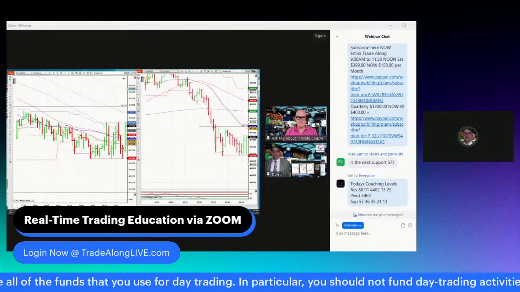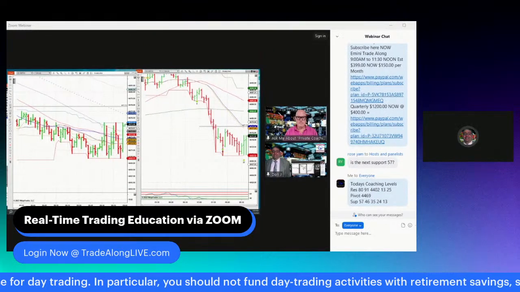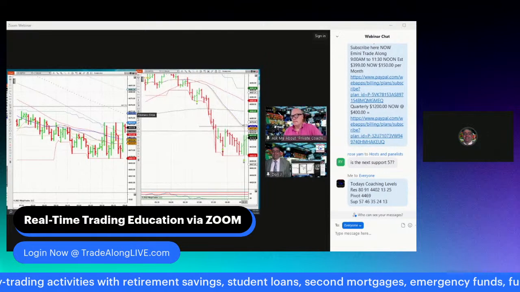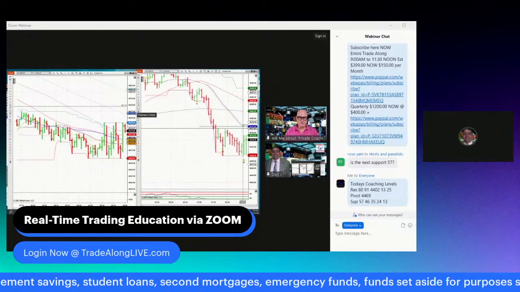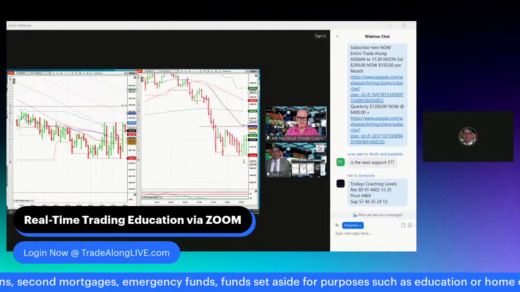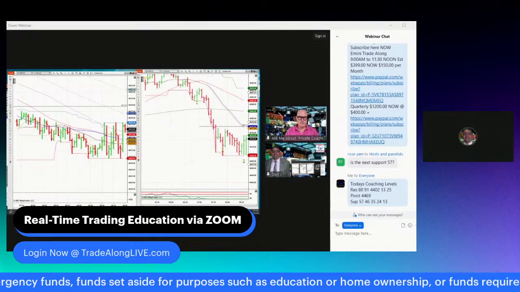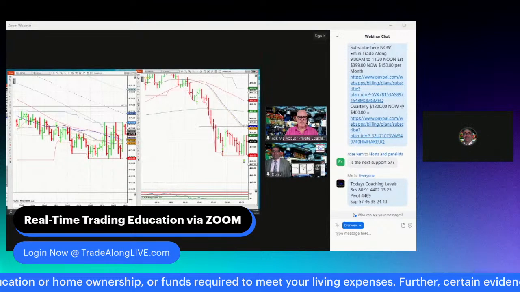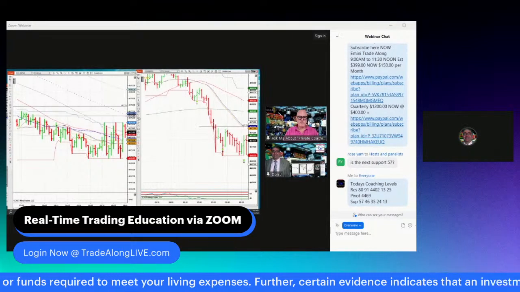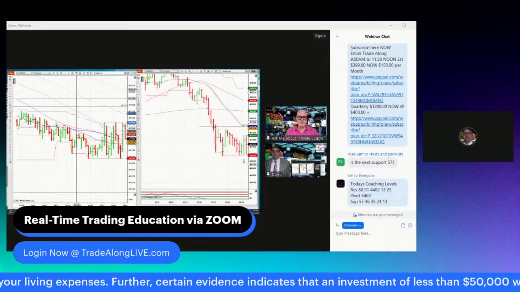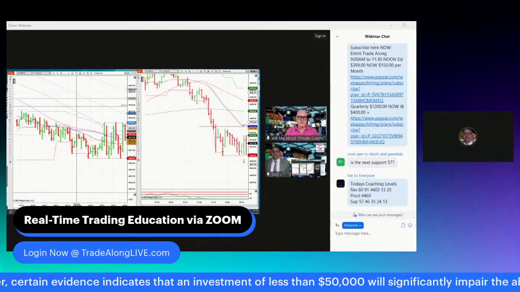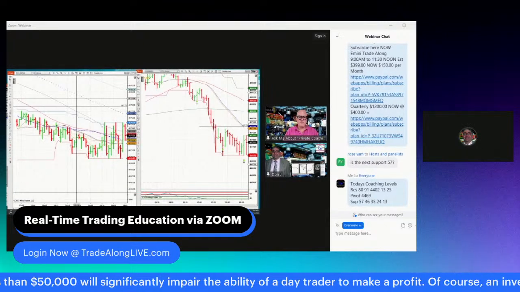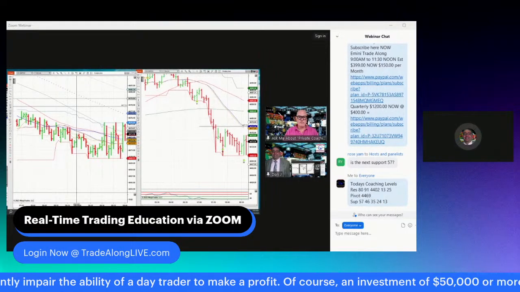Coming back up to that intermediate area, that 74. We get to that 75 area and it just stops.